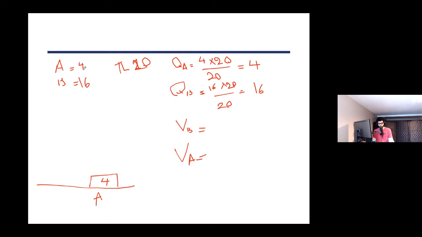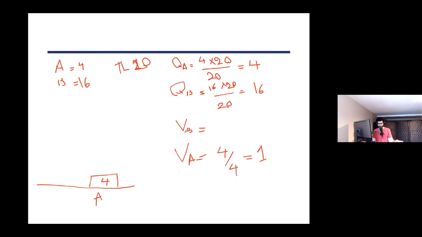So the weight is 4, the time is 4. So 4 divided by 4, that's 1. So virtual time of A becomes 1. Now, let's look at B. Virtual time of B is still 0, and virtual time of A is 1. So we have to pick B.